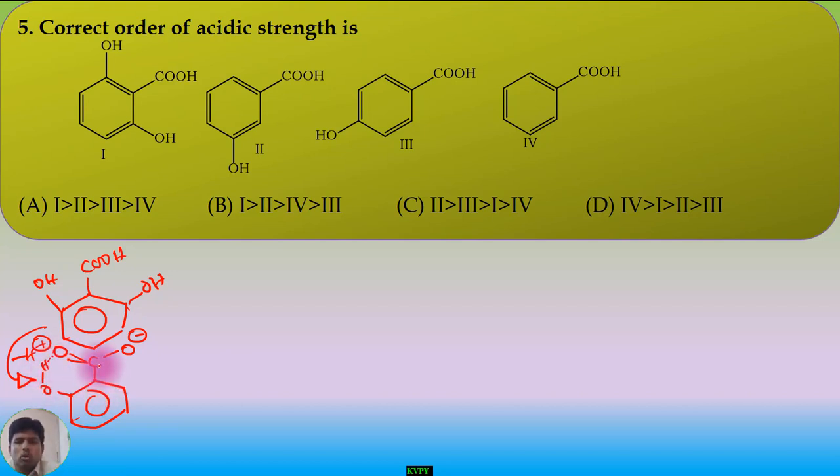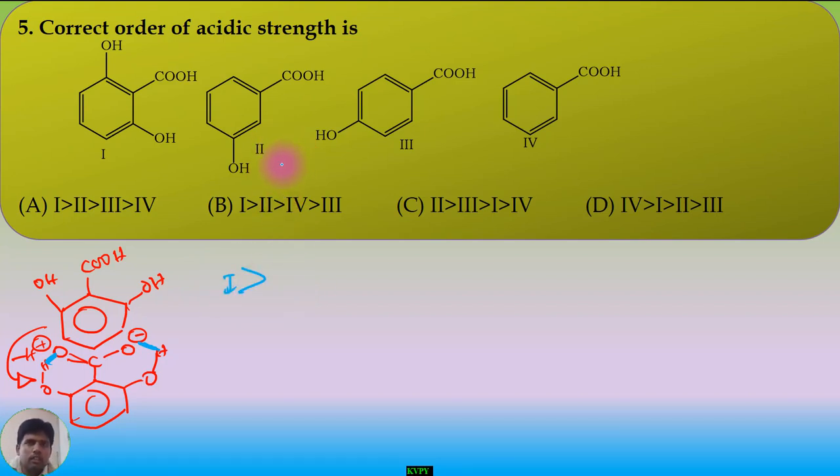There is hydrogen bonding involved here. If you look at the bonding, this is one hydrogen bond and there is another hydrogen bond at this side also. Because of this, the anion formed is extremely stable. That's why this becomes most acidic. So the first one is most acidic.